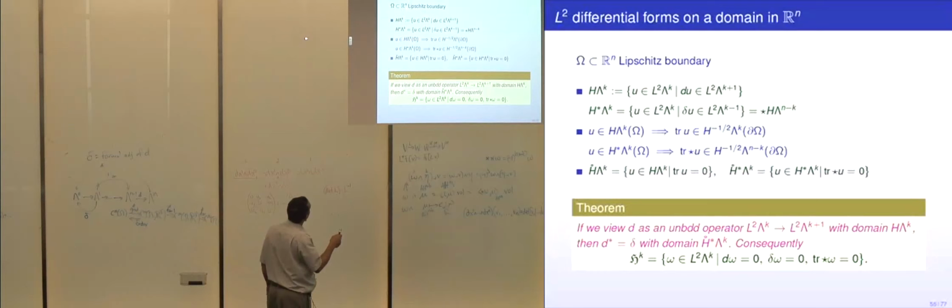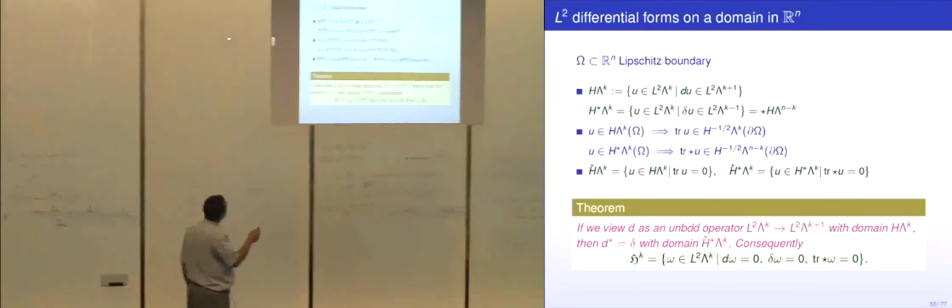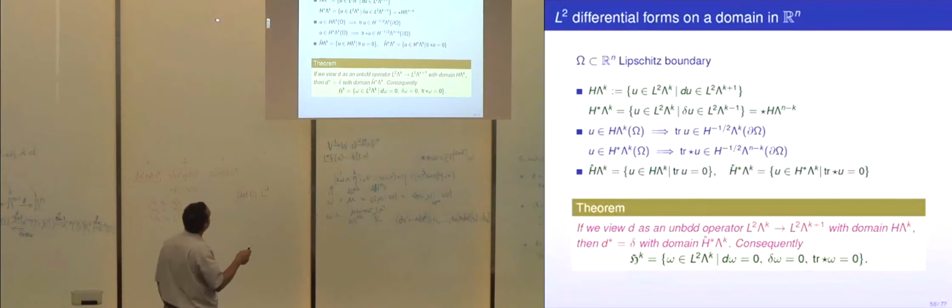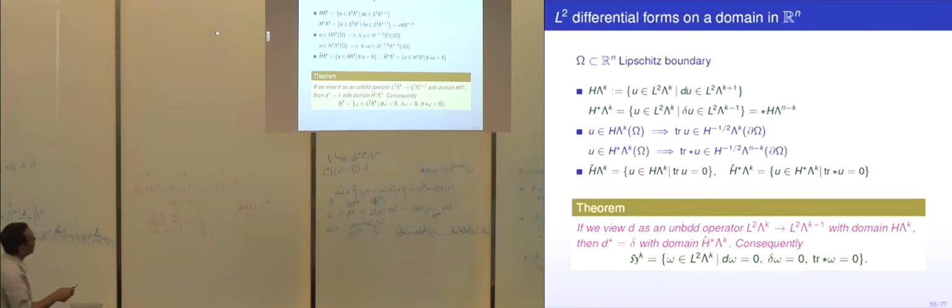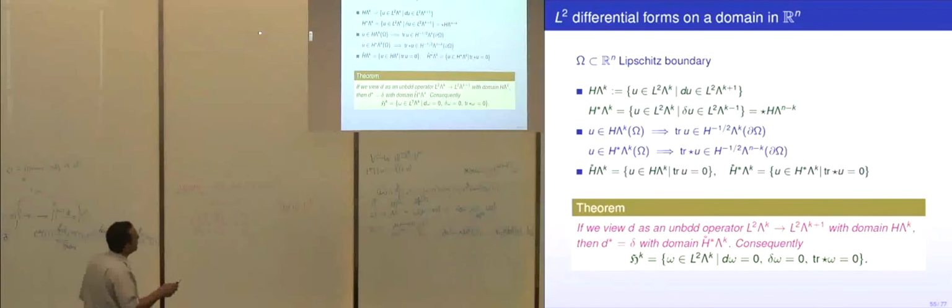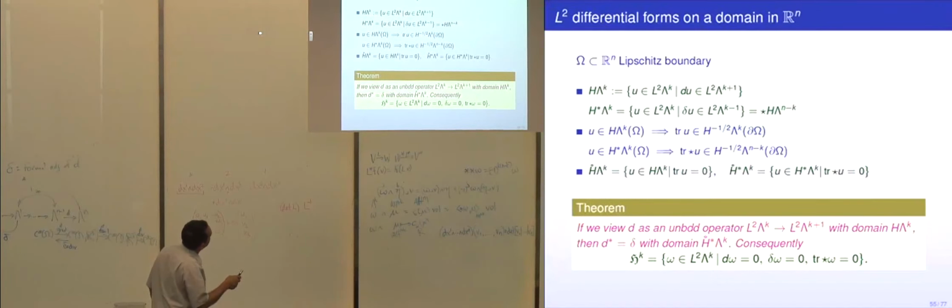This is its domain. So we have H lambda k is L2 k forms. This is the space I called V when we were doing abstract Hilbert complexes. And H star lambda k is defined, well, now here you have to be careful. This is things in L2 whose formal adjoint or co-derivative is in L2.